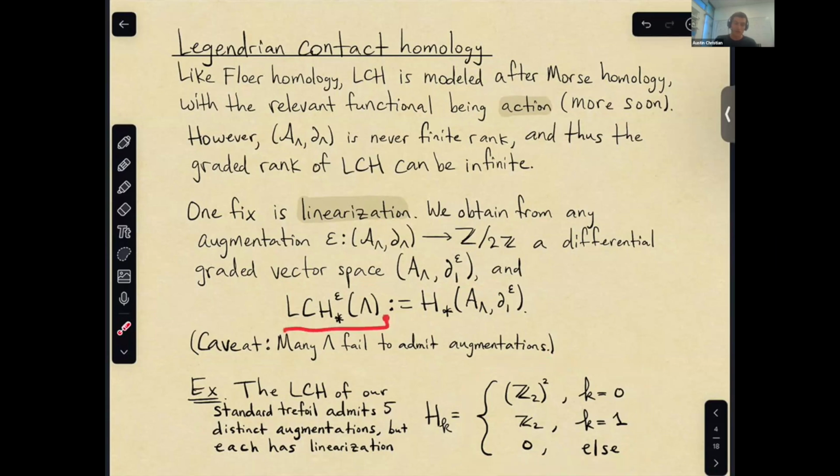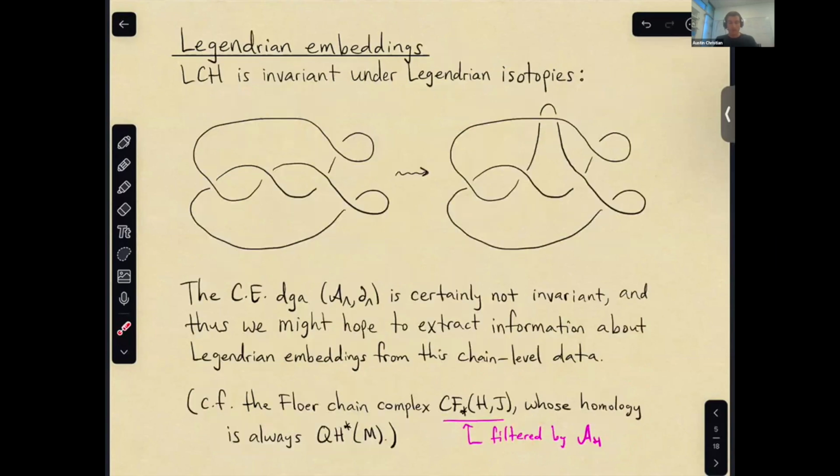So this is just to explain the notation when we have a superscript epsilon. But here we can at least get finite rank homologies and actually compare some knots. So that was a rapid fire introduction to LCH and its linearized version.